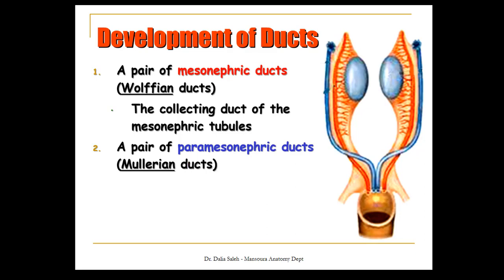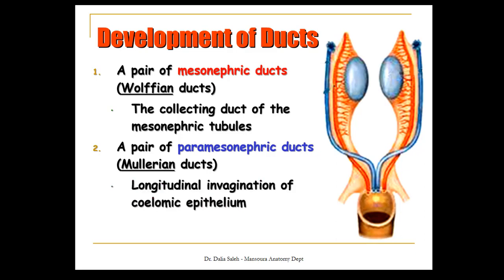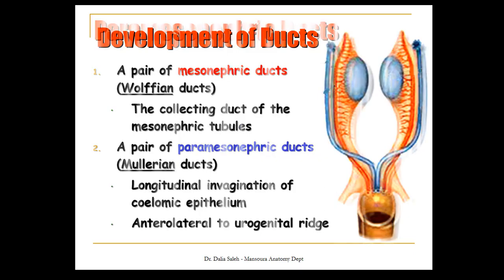We also have a pair of paramesonephric ducts. The other name of them is the Mullerian ducts, and they develop as a longitudinal invagination of the coelomic epithelium. They lie anterolateral to the urogenital ridge.